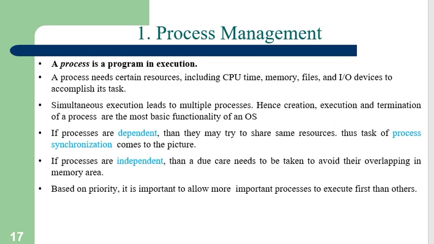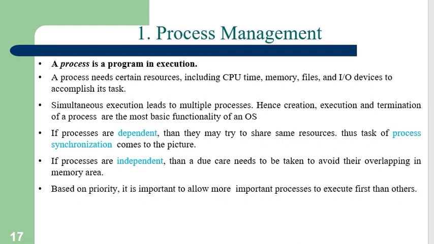A process needs certain resources including CPU time, memory, files and input-output devices to accomplish its tasks. Simultaneous execution leads to multiple processes, hence the creation, execution and termination of a process are the most basic functionality of an OS.